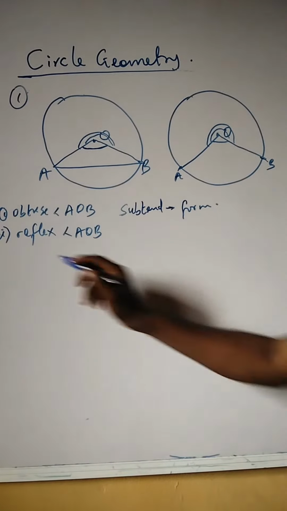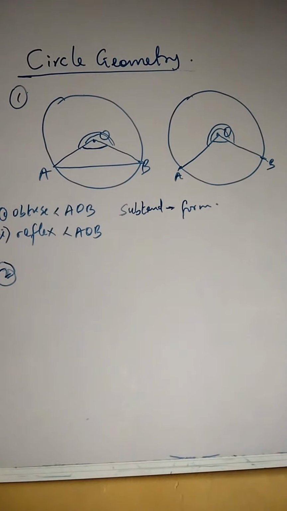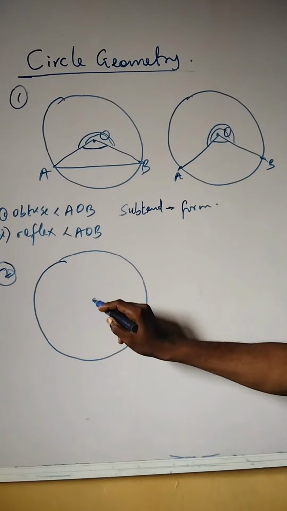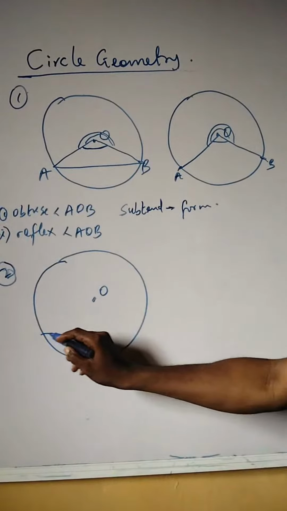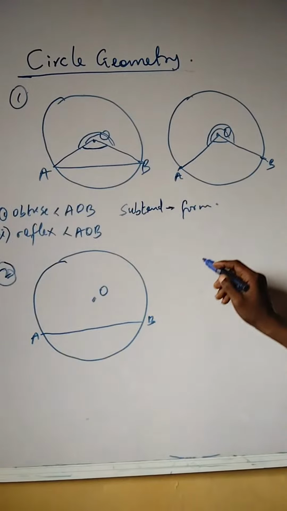Then also, a chord forms angles at the circumference of a circle. If you have a circle this way with center O, and we have a chord AB, or it might be an arc.